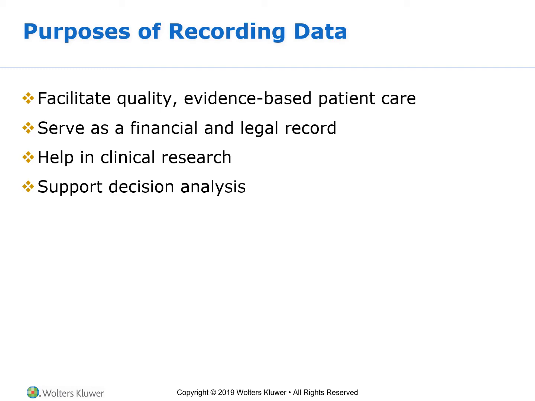So make sure that you're aware of that and that you're not using those abbreviations, because a lot of them are abbreviations that could lead to errors, and that's why they have discredited them.